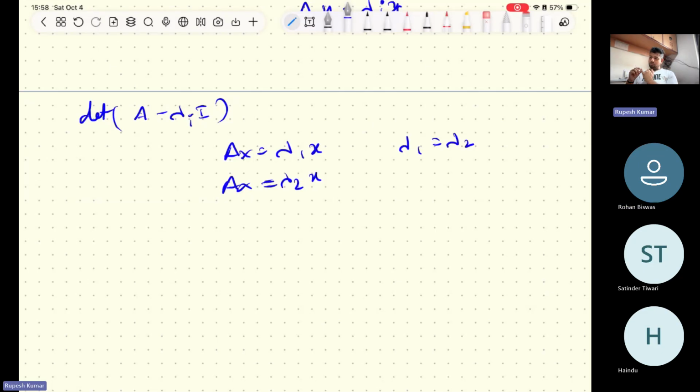Now think of it like this. When you try to solve this and get the roots of this characteristic equation, you are getting lambda 1 and lambda 2. What can you say about the behavior of Ax equals lambda x?